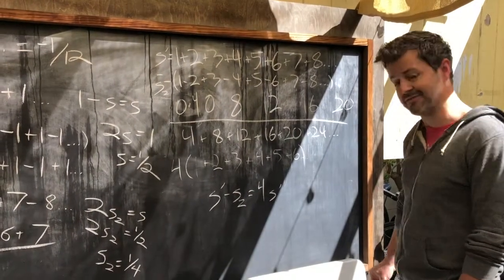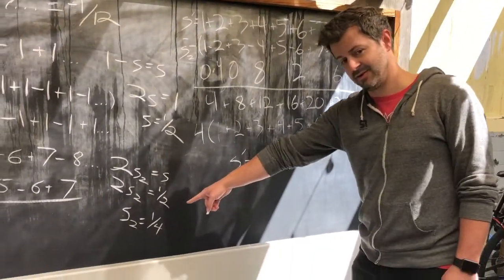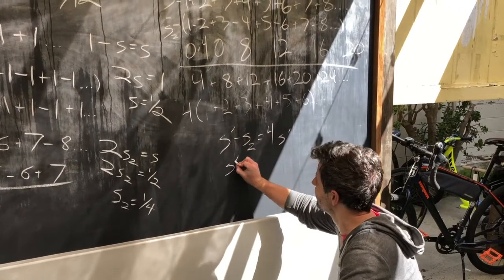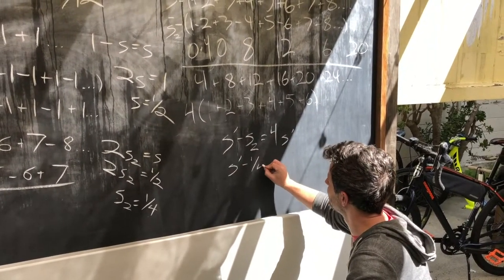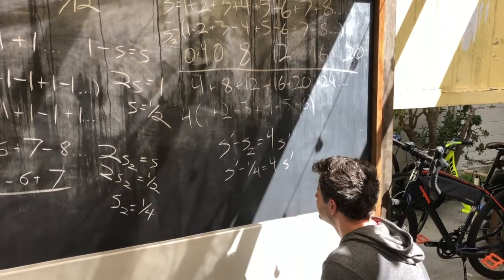Now, we already have a value for S2, which is 1/4. So, we have S prime minus 1/4 equals 4 S prime.